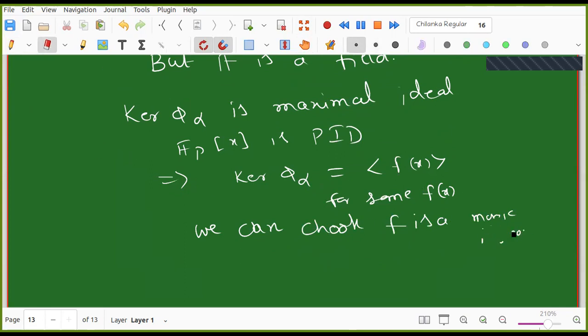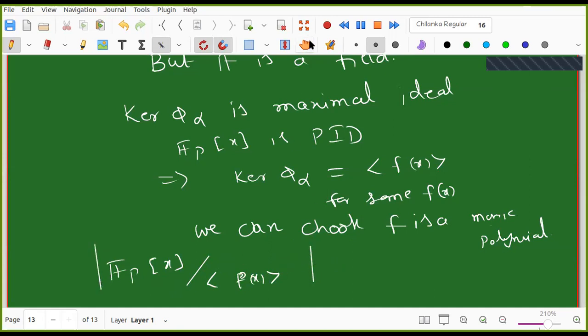Yeah, so I hope this part is okay. Now, we know this Fp[x] by this ideal. Okay, what is the cardinality of this? How does it look?